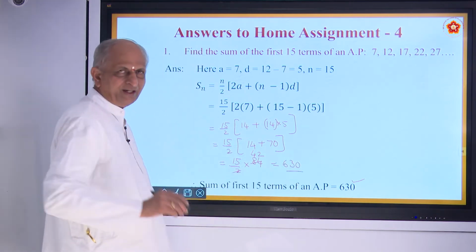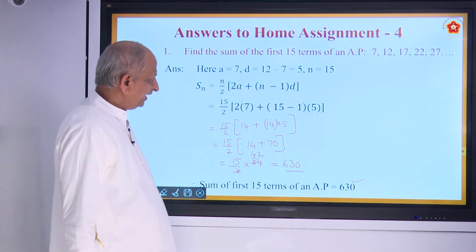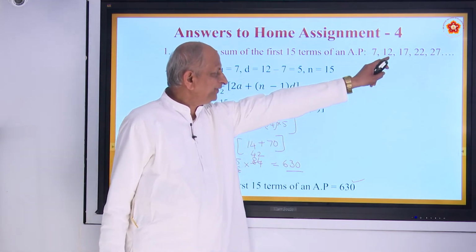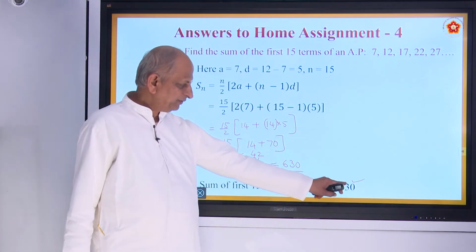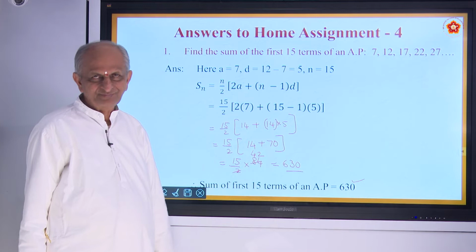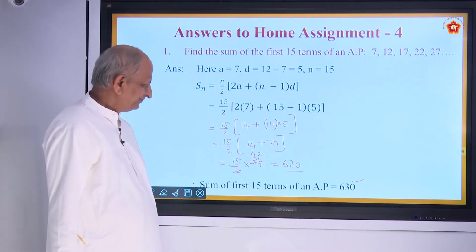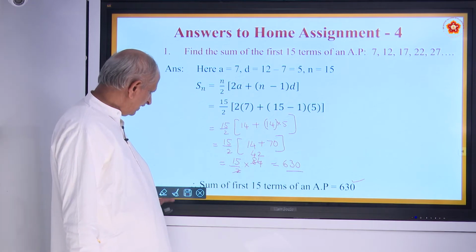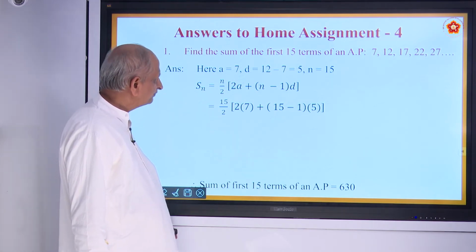Very simple direct question. You can try if you want. If you go on writing 15 terms and add all the terms, the answer will be 630. So you must become experts now. So this is the answer to the first home assignment.